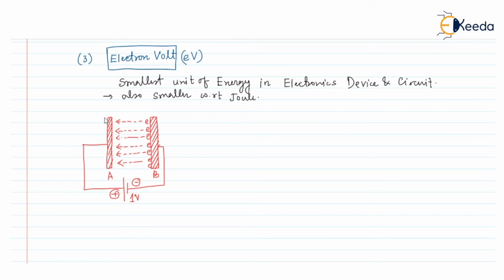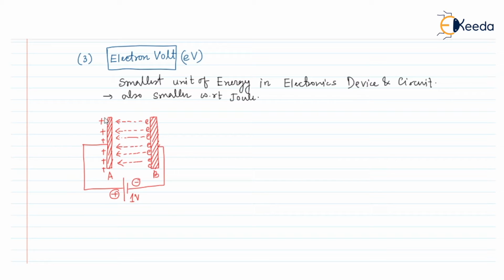So this plate A will be of positive potential. That's why these electrons are coming from this metal plate B to metal plate A. Now, from this case, we can define the unit of electron volt.